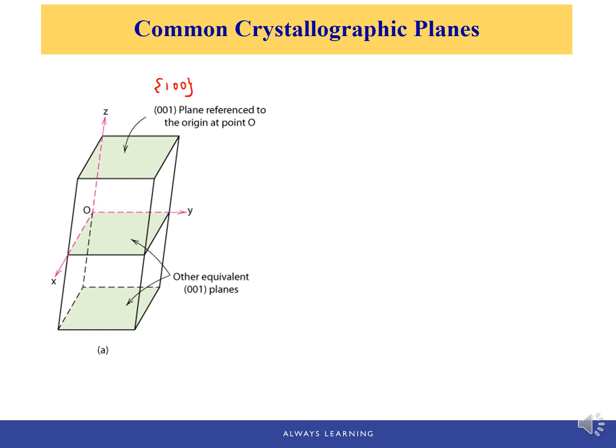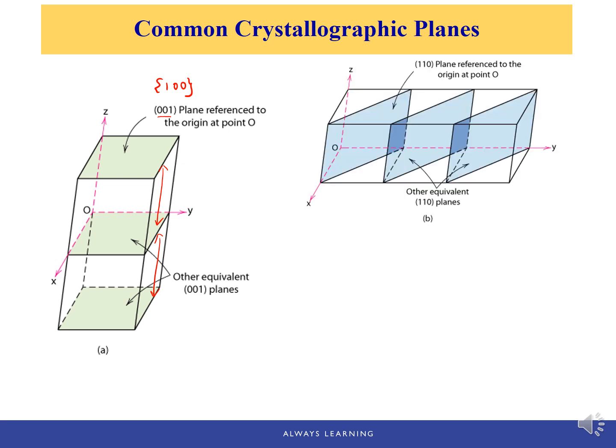Now, planes with the same Miller indices refer to a set of planes that are parallel and with the same interplanar distance. So the distance between those planes is the same and they are parallel if the planes have the same Miller indices, but they are located in different unit cells within the lattice pattern or crystal structure.